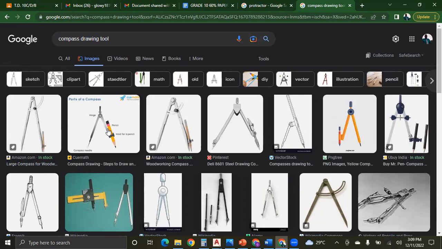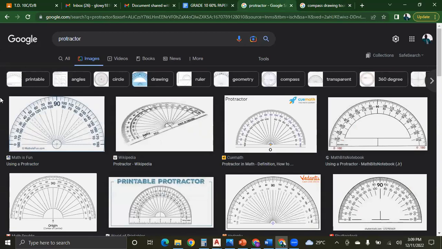So the instrument that would be best, that's a key word, best, to draw an angle that is, let's say, 47 degrees or 23 degrees would be a protractor, because you don't have to use any construction methods. Just simply find the angle that you want.